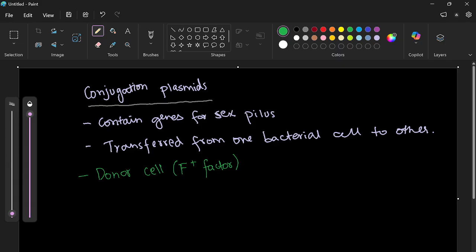So this plasmid has the property of fertility factor, and it's gonna transfer its plasmid to another cell with F minus factor, meaning that it doesn't have any fertility factor or any plasmid. The plasmid is basically the F plus factor, okay? F factor basically.